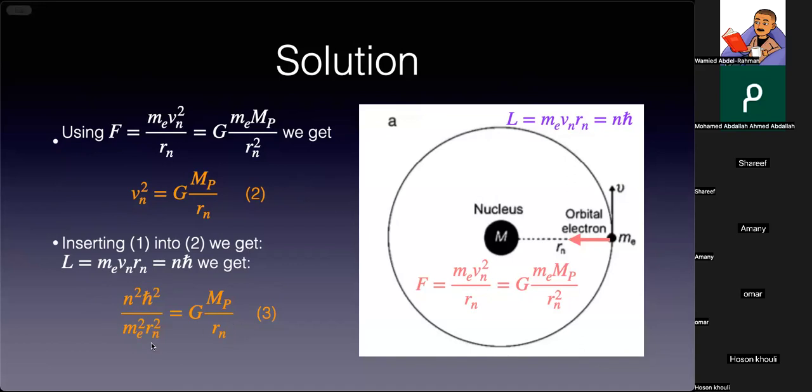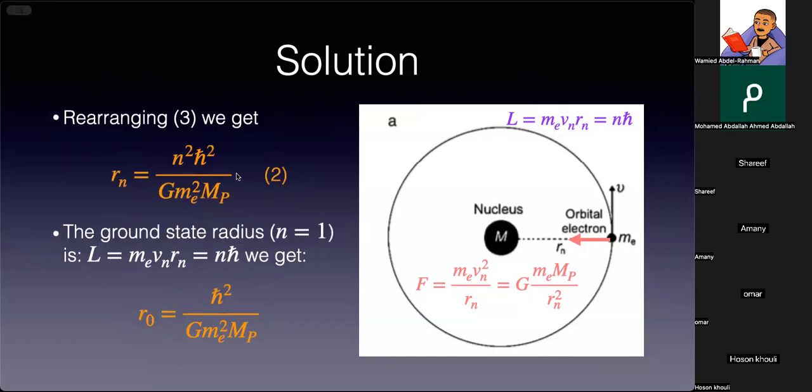Again, we're going to arrange and cancel. So Rn will cancel with one of the Rn squared, and once we do this, this is the relationship we get: Rn equals n squared h bar squared divided by G me squared m proton. And the ground state radius is obtained when n equals 1.